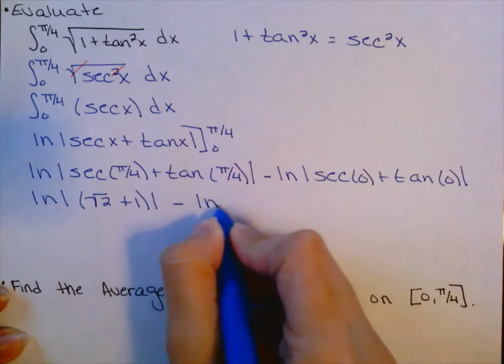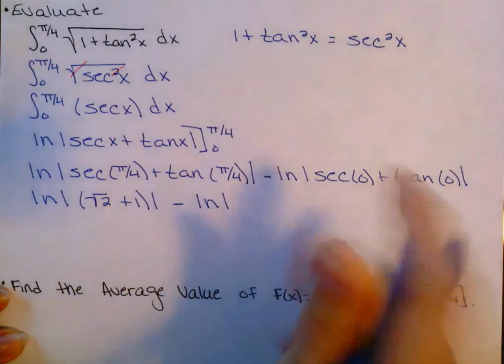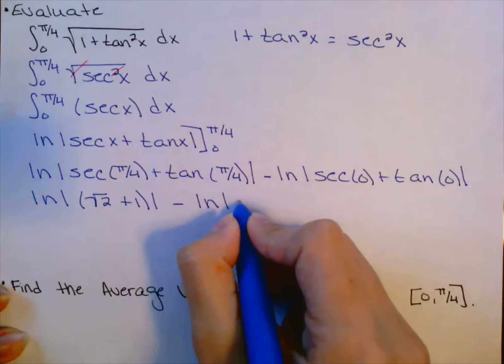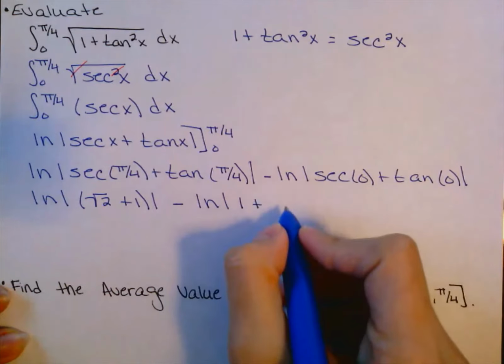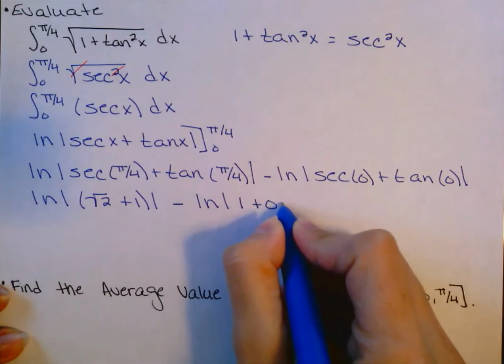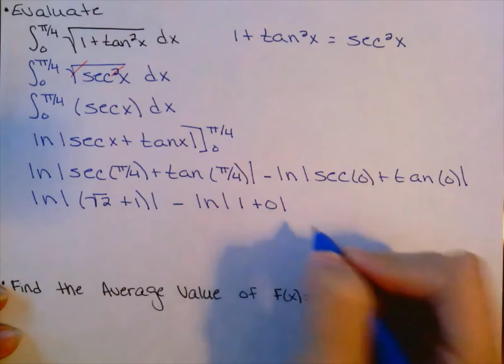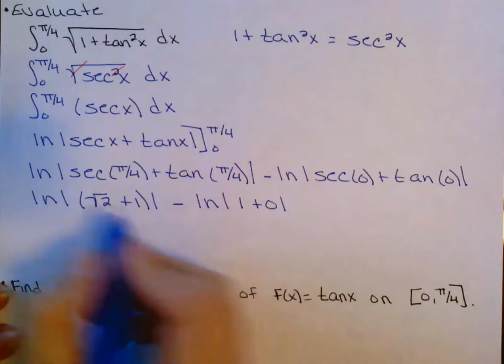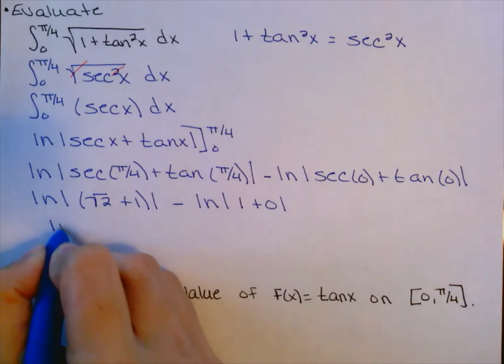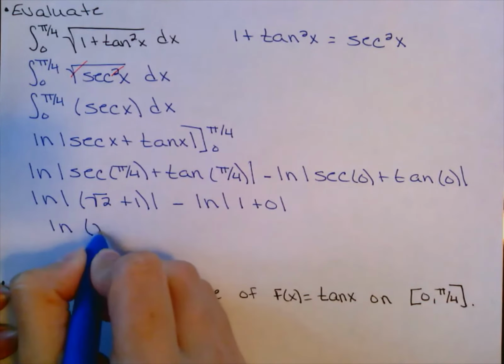Minus secant of 0 is 1. Plus tangent of 0 is 0. Okay? Now, radical 2 plus 1 is going to stay giving me a positive number, so I don't need those absolute value bars.